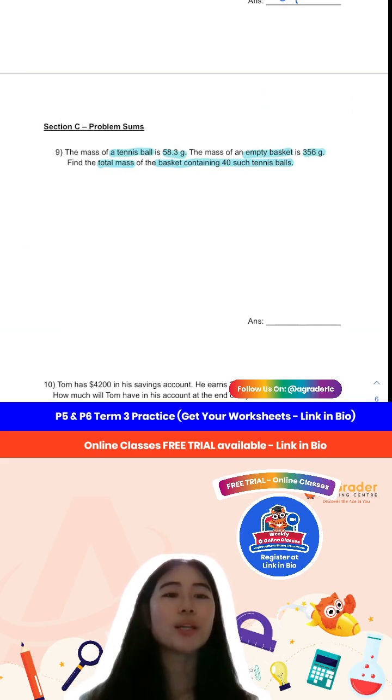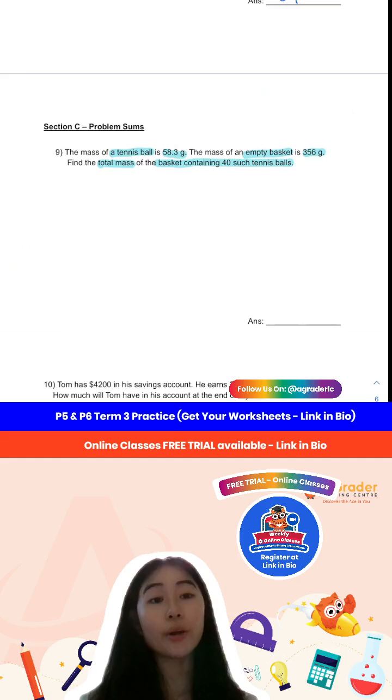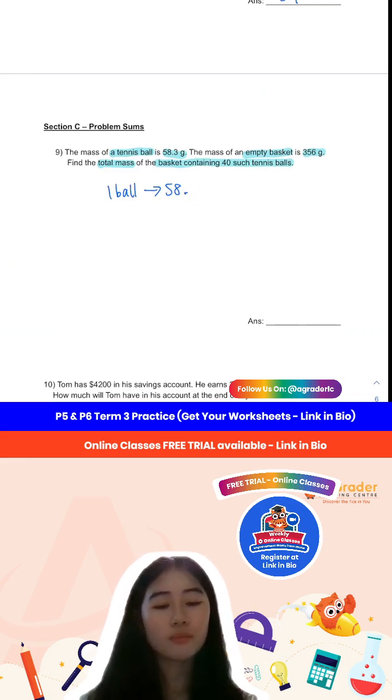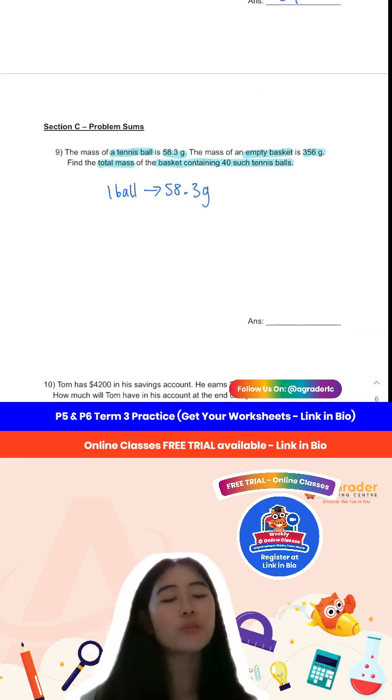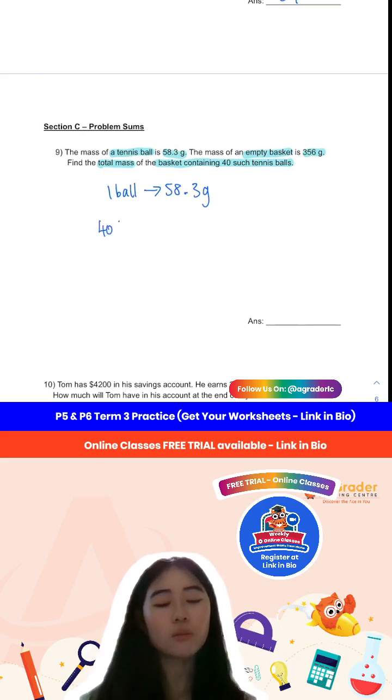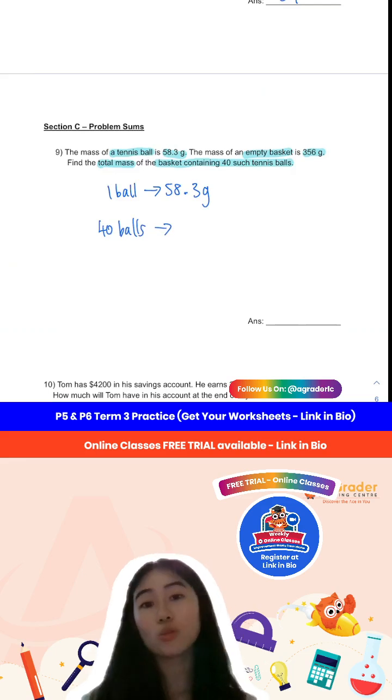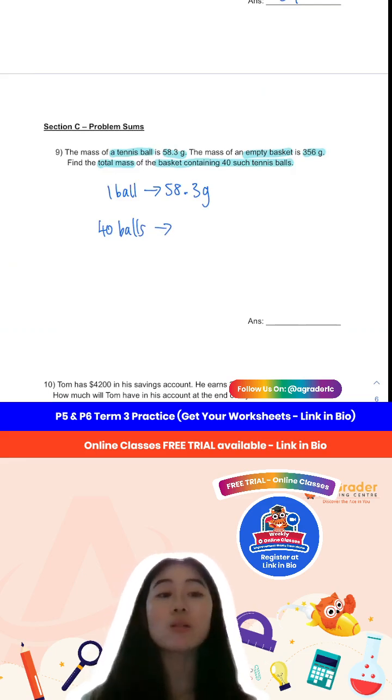Okay, so I think most of you are done with the question. I did see a few correct ones. So let's go through this. So you know that one tennis ball is 58.3 grams. So I want to find 40 tennis balls. All I need to do is to times 40, and then you can use calculator some more.